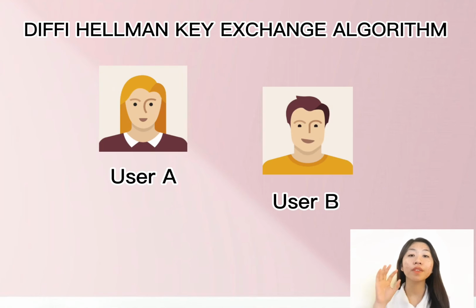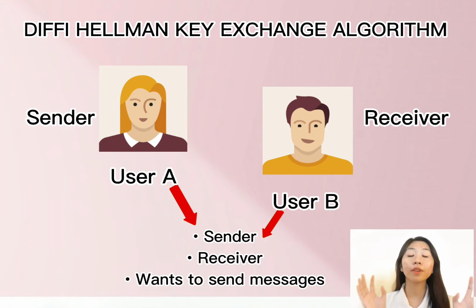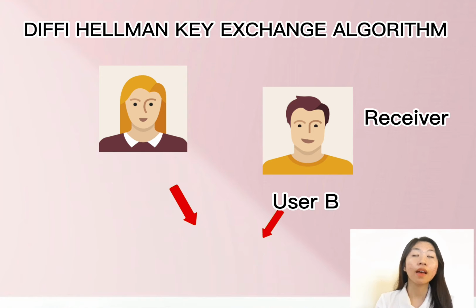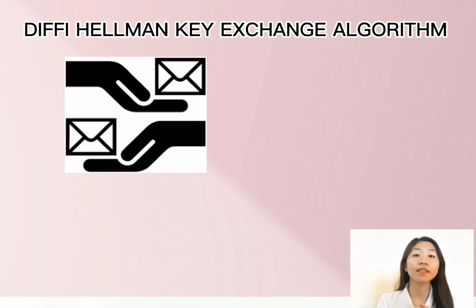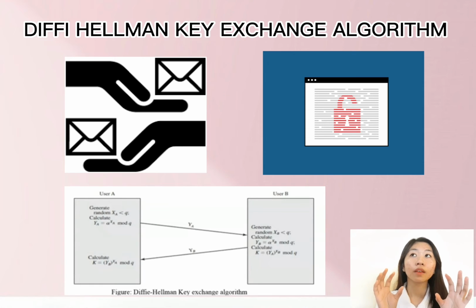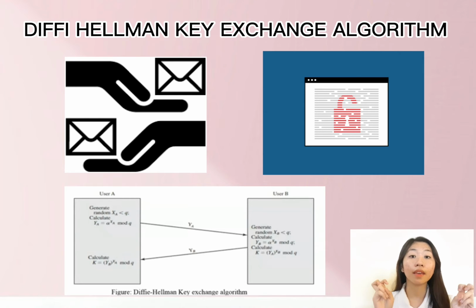So, there's user A and user B. User A can be the sender and user B can be the receiver, or both of them are sender and receiver and want to send messages. But before the exchange of messages, the messages will be encrypted. But before the encryption of messages, both user A and user B will calculate some values and generate the same key. Take note, same key.